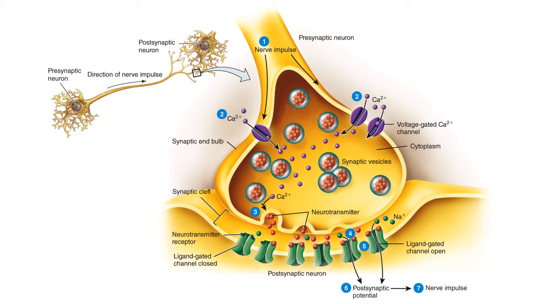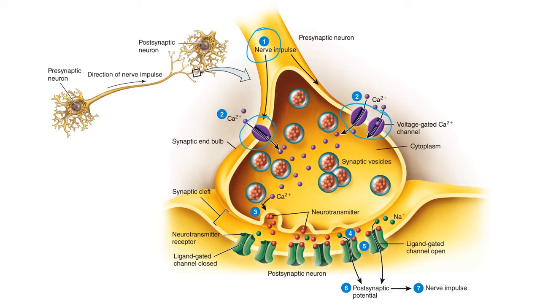And so as a neuron comes down and it has its axon making its way to the synapse, that nerve impulse travels down the axon itself. It gets to the end bulb here where we have our axon terminals, and it causes voltage-gated calcium channels to open up.